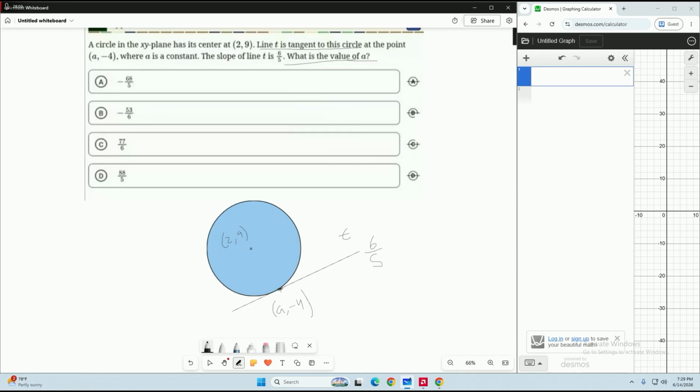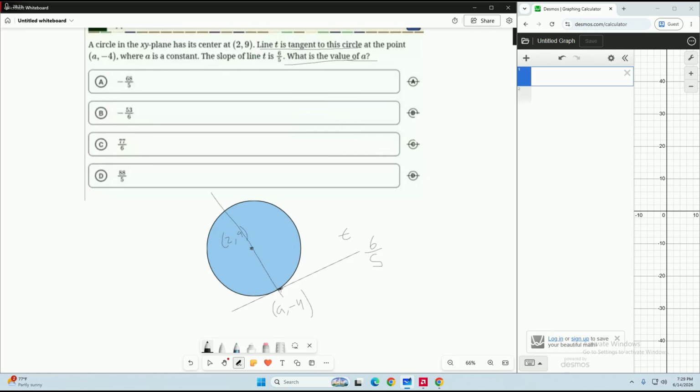This question is really easy once you realize that you need to draw another line that goes through the center of the circle and through the point of tangency. If I do something like this, just pretend that goes through the center of the circle right there.